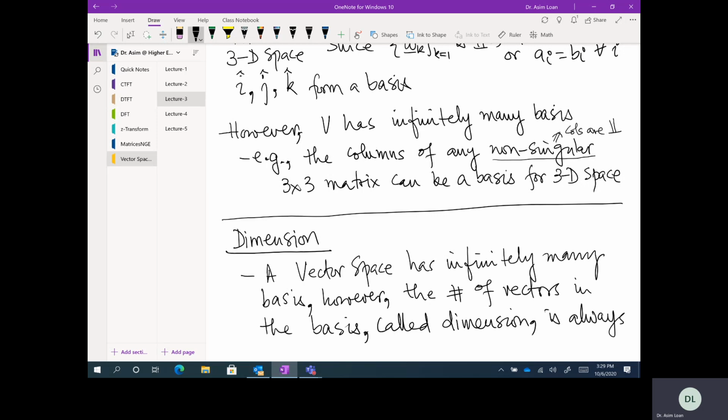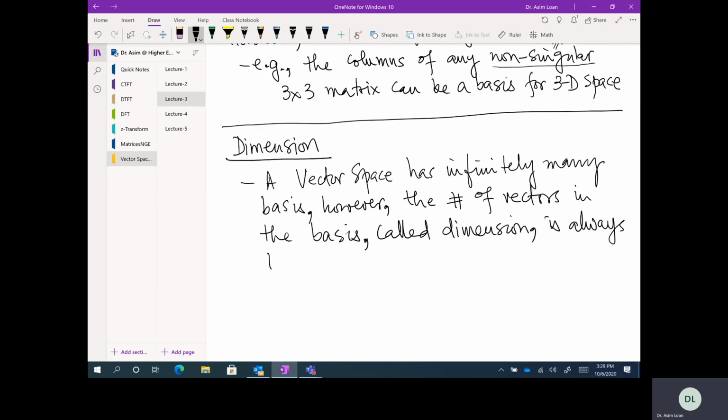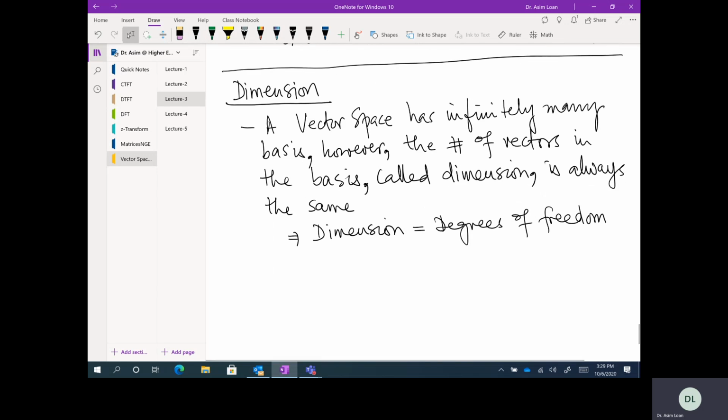So this implies dimension, also known as degrees of freedom.